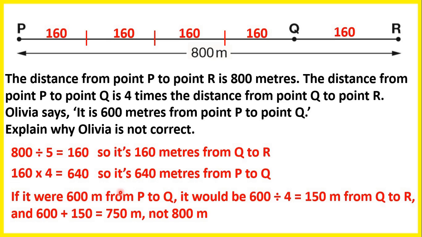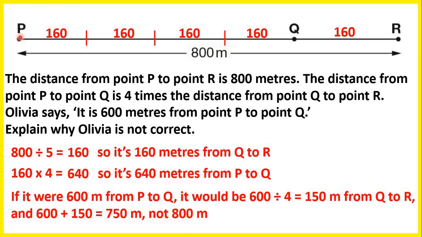If it was 600 meters from P to Q, it would be 600 divided by 4, so 150 meters from Q to R, and 600 plus 150 is 750, not 800.